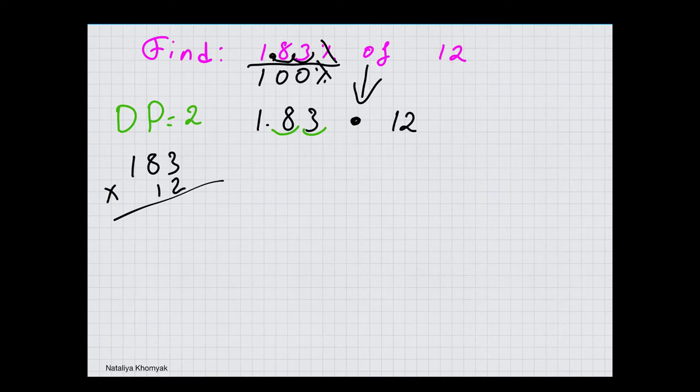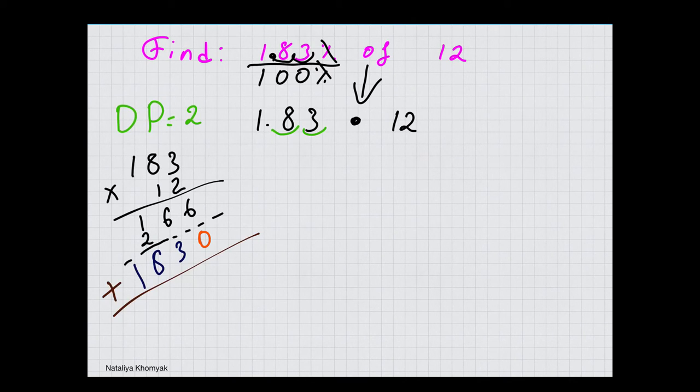So let's see, we have 2 times 3, 6, 2 times 8, 16, 2 times 1, 2, that was multiplying by 2, placeholder for 10, 1 times 3, 3, 1 times 8, 8, 1 times 1, 1.